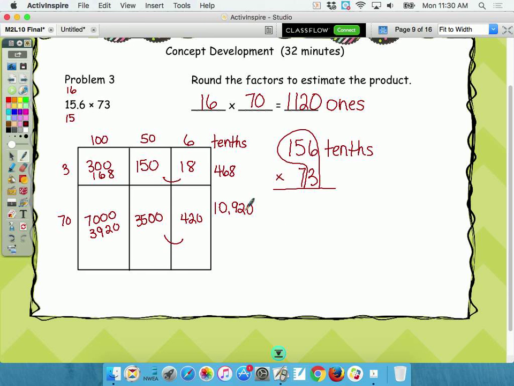Okay, do the standard algorithm and check your partial products. So far, so good.